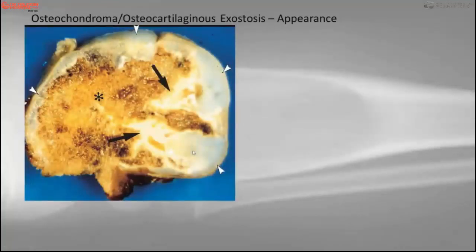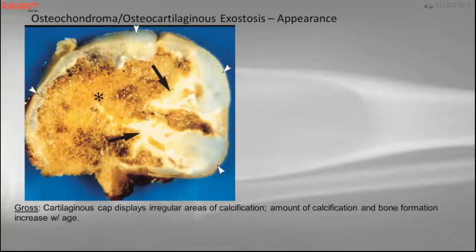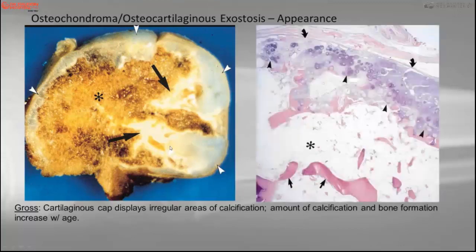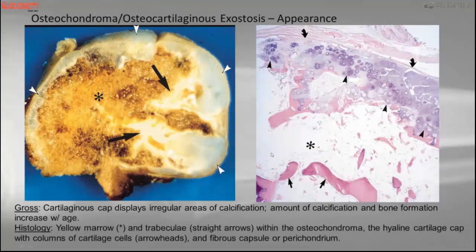The gross appearance, as I told you, is a cartilage cap, a big cartilage cap, and this is the bone. So that's the combination of areas of calcification, bone along with cartilage cap. On histology, these star areas are the yellow marrow.